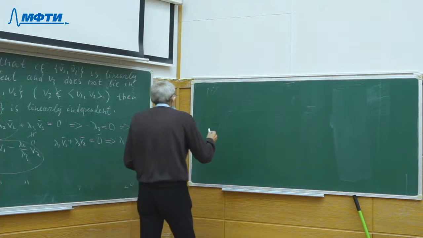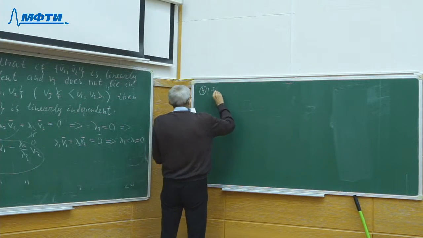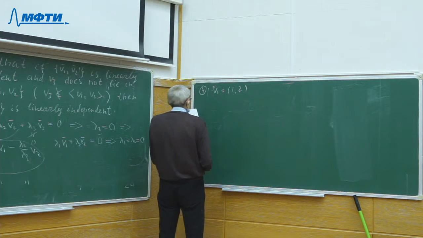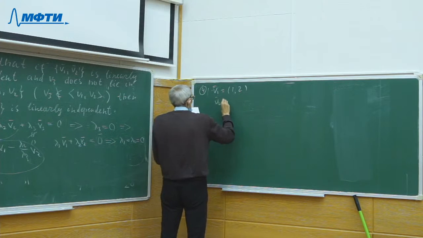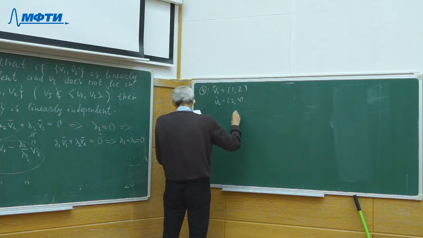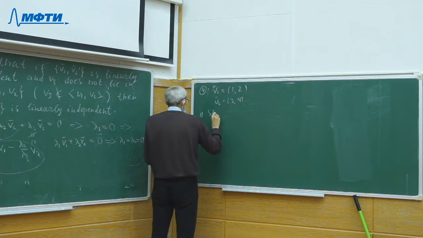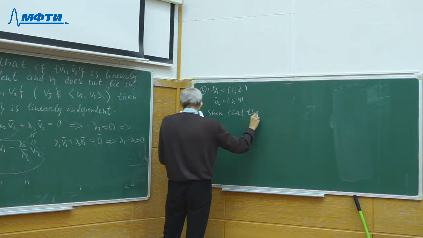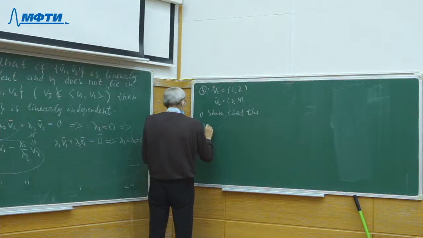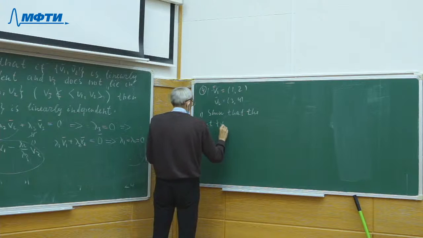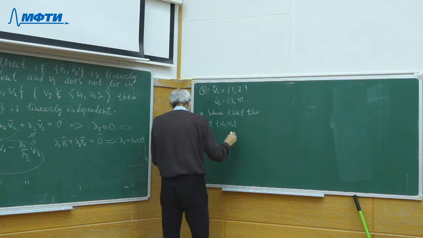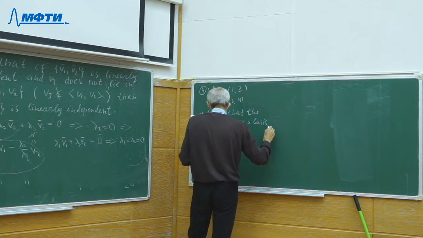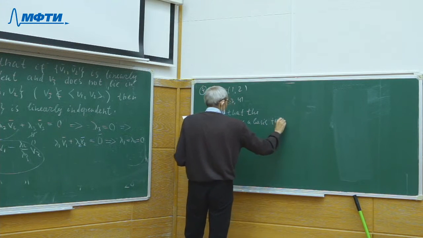We have two vectors, v1 with coordinates 1, 2, and v2 with coordinates 3, 4. First of all, show that the set v1, v2 is a basis for R2.